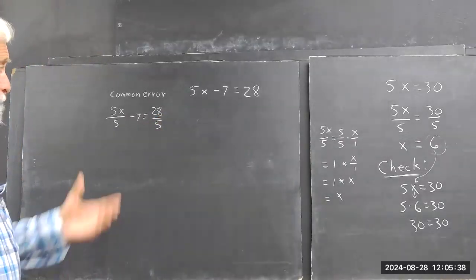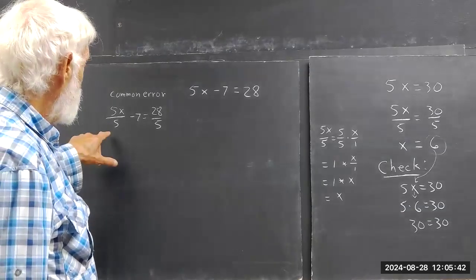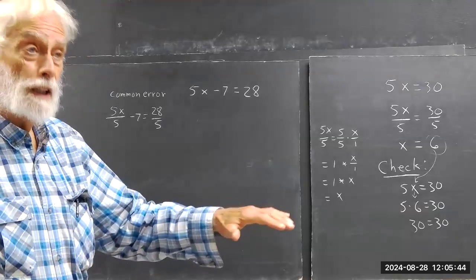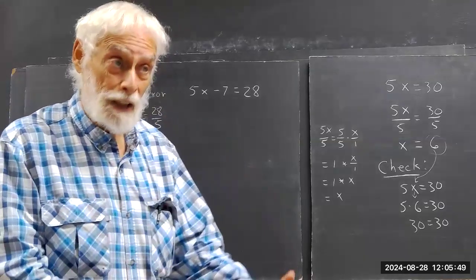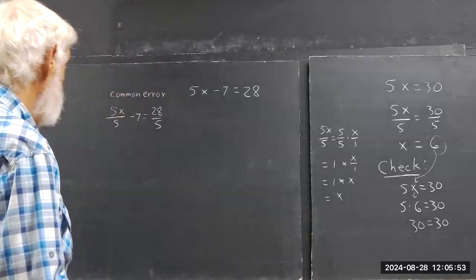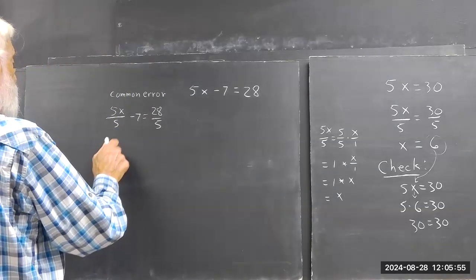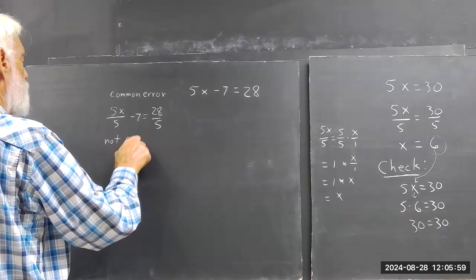Well, that's not going to work. If you're going to divide by 5, you've got to divide the whole side by 5. The rule is you can divide both sides by the same thing. So this is not equivalent.